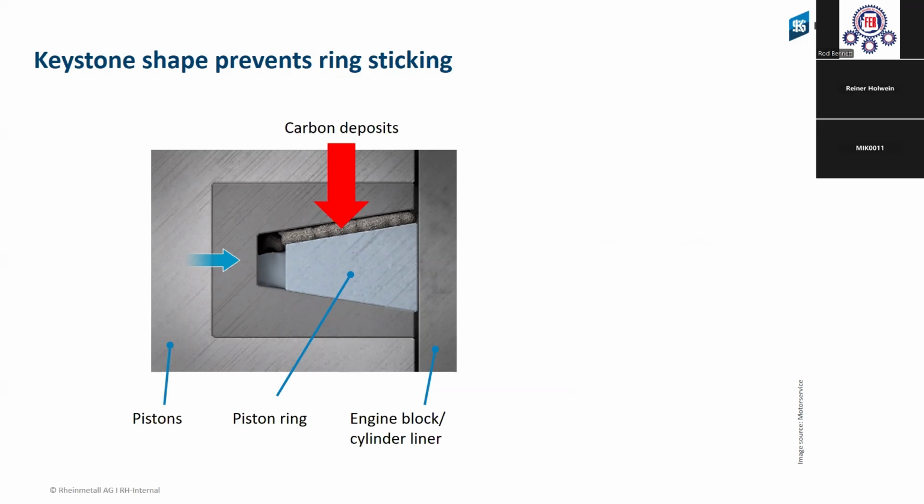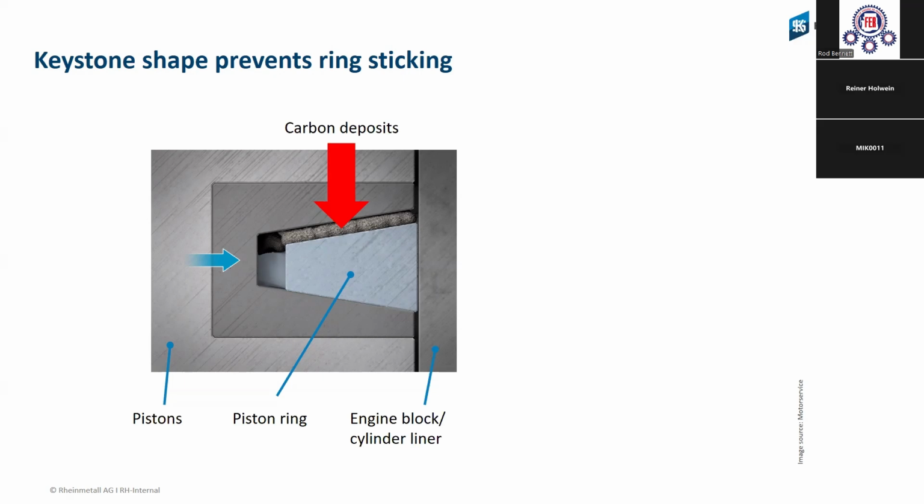When we build up carbon inside, the ring cannot move. This is why on diesel applications we use the keystone ring. But even with a keystone ring, when the engine is not running at very high load, it will also have this problem of carbon build-up. When carbon builds up in the clearance between the piston ring and the ring groove, they will block.